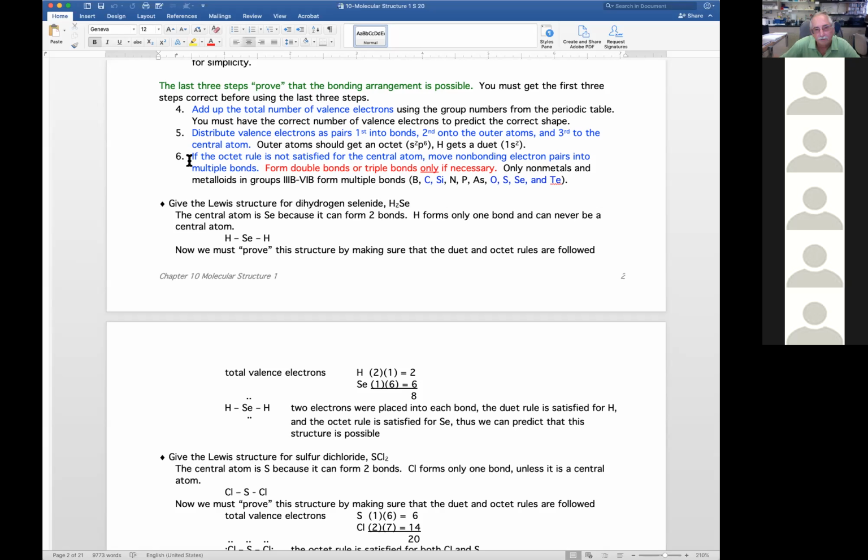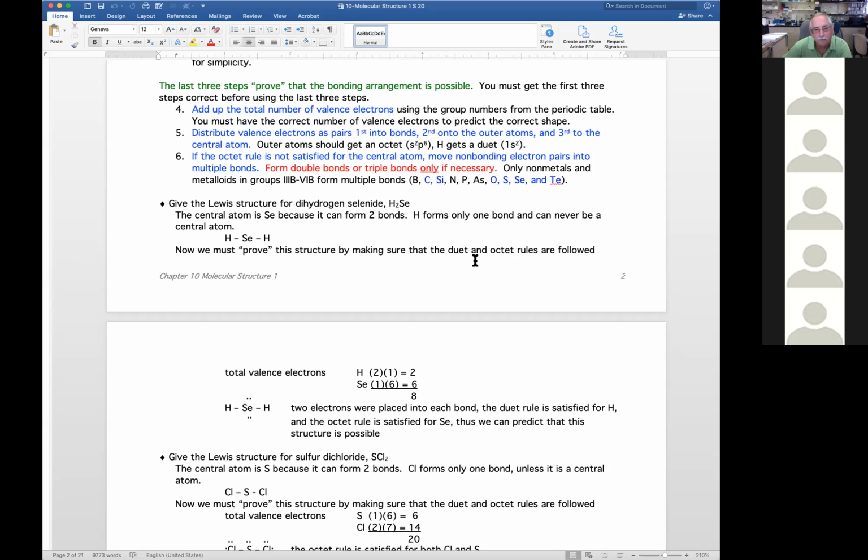So then finally, if the octet rule is not satisfied for the central atom, you might have to form a double or a triple bond, but you do this only if necessary. Whatever you do, don't just look at something and say, hey, I think it looks good if it has a double bond, because you'll probably be wrong.